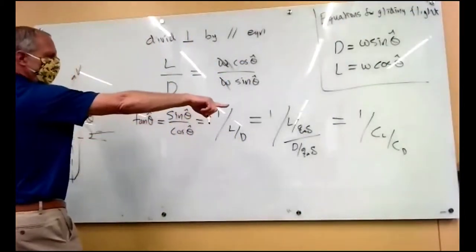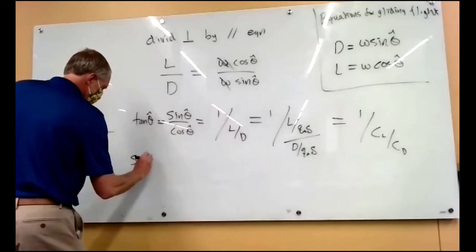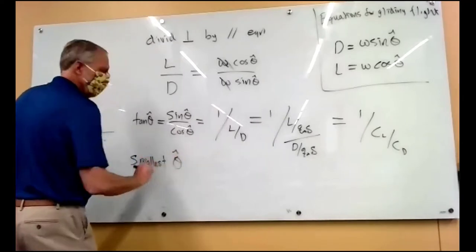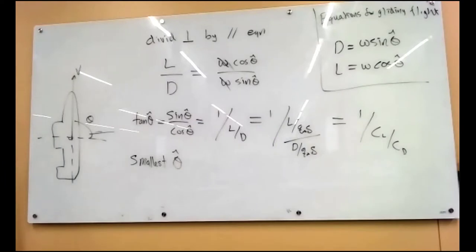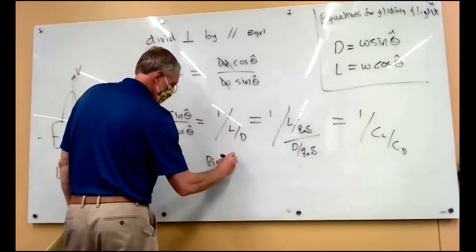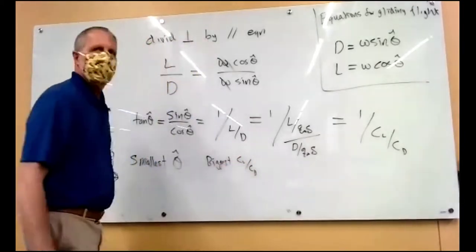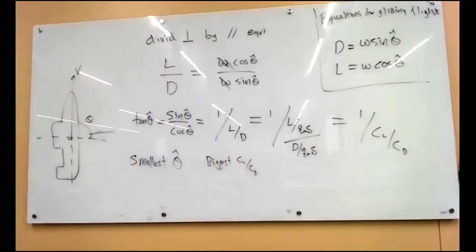But in either case, either CL over CD or L over D, if I want the smallest dive angle or gliding angle, I need the biggest L over D, or CL over CD. So that's the lift to drag ratio. And remember, we've talked about this a couple times, that's the efficiency of the airplane, because lift is what we want, drag is the side effect of producing lift. So if we get the most lift for the least amount of side effects, then we get the best glide angle.